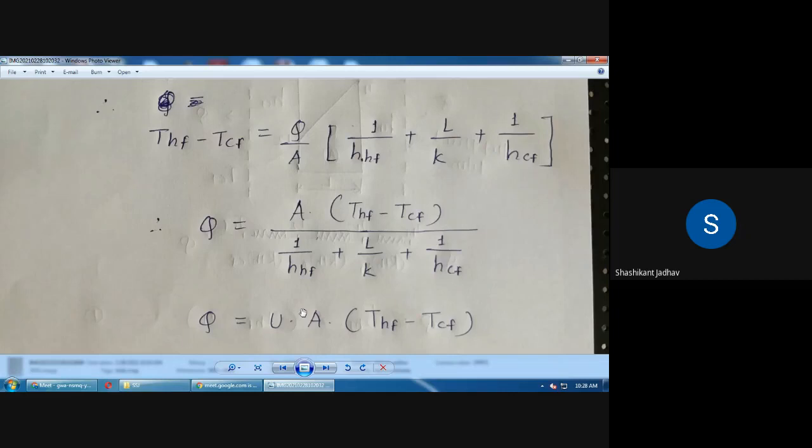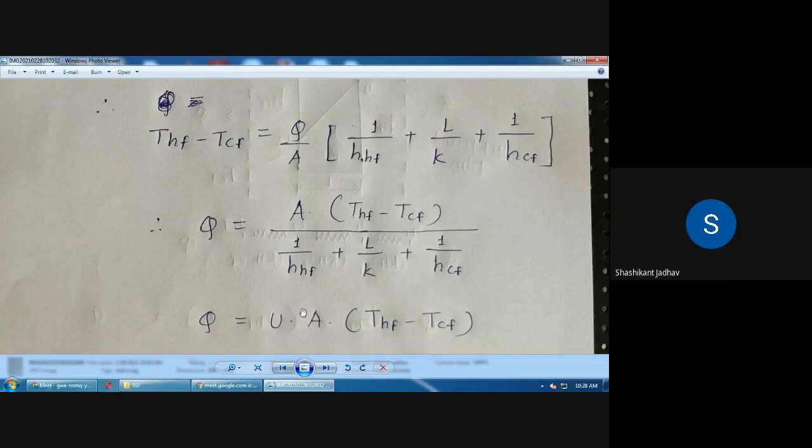Compare both equations. From them, what value of U do you get? Anyone? What is the value of U, that is the overall heat transfer coefficient for this system? Whatever system you have considered, for that system you have to calculate the overall heat transfer coefficient.